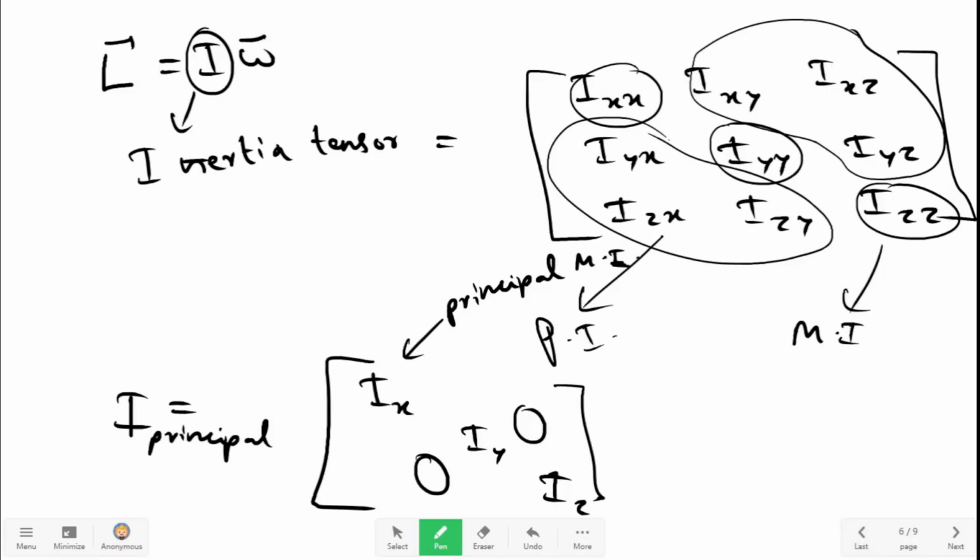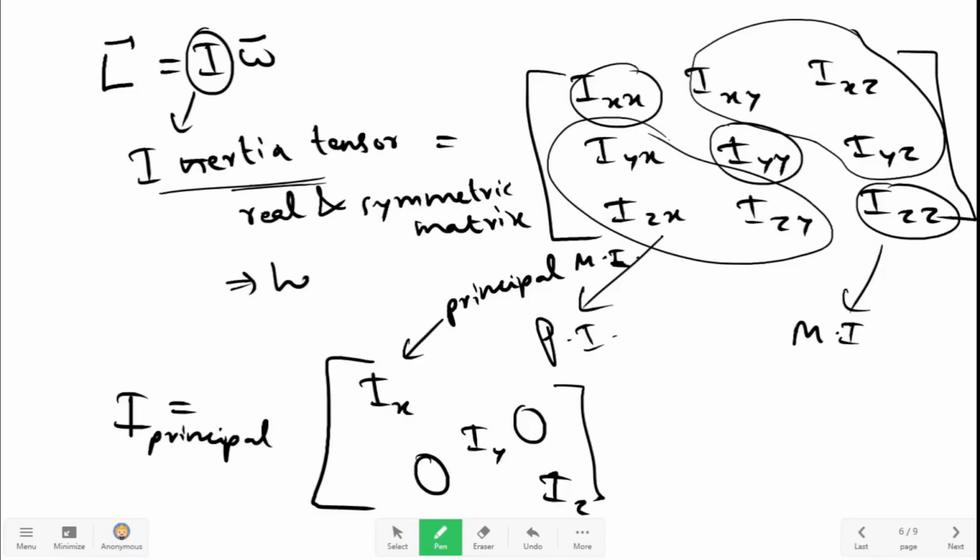So this matrix, the inertia tensor, is a real and symmetric matrix. Or you can say this is a Hermitian matrix, because real symmetric matrices are Hermitian. And for Hermitian matrices, eigenvalues are real and eigenvectors are orthogonal. So you can note these points down if you want.